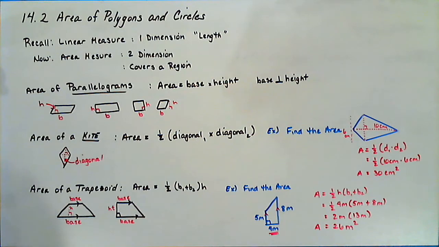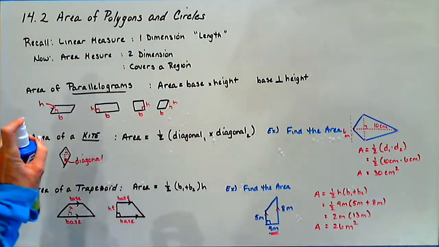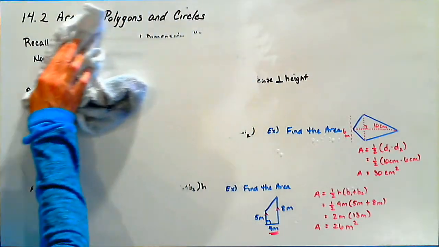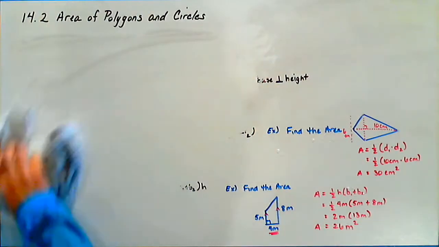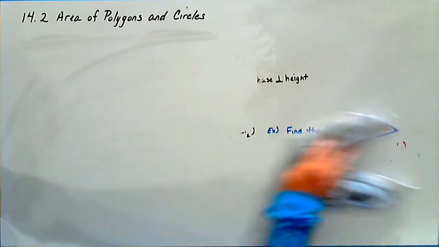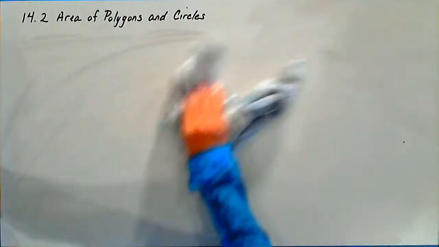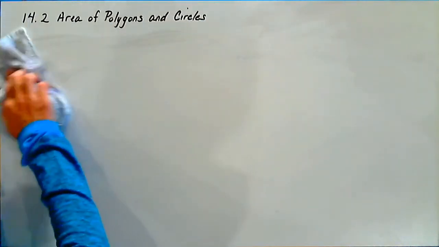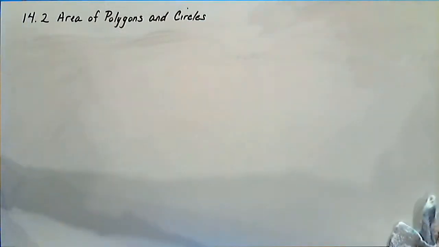Okay. So now I want to move on to regular polygons. All right. So now let's take a look at if you have a regular polygon that's not a square, because a square we know is a parallelogram.